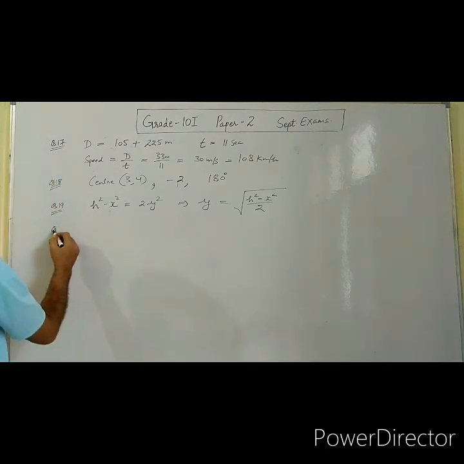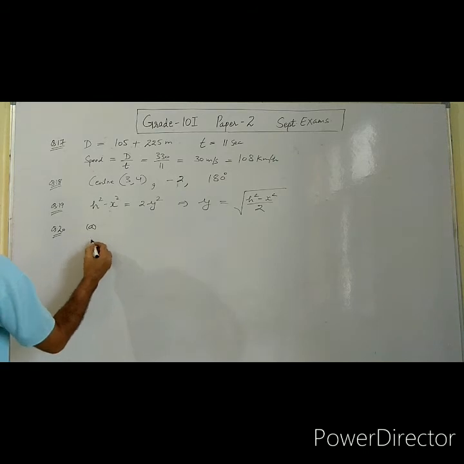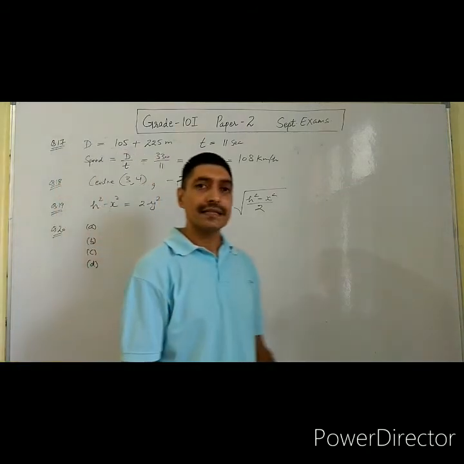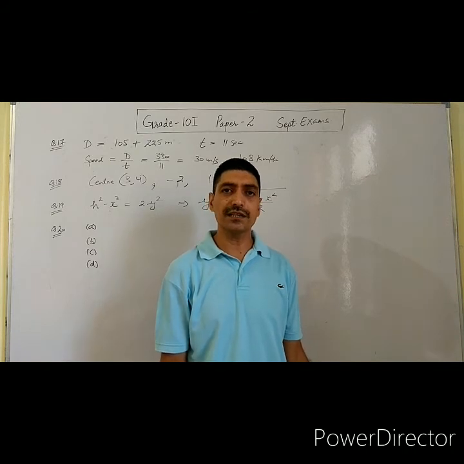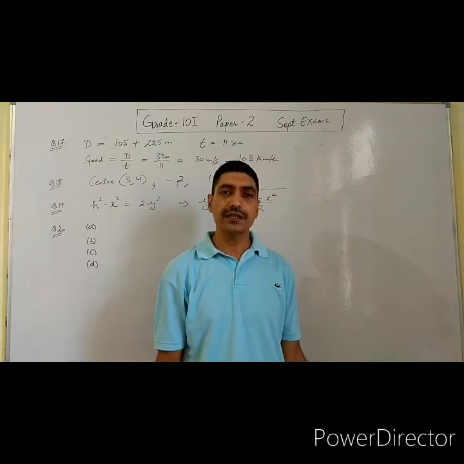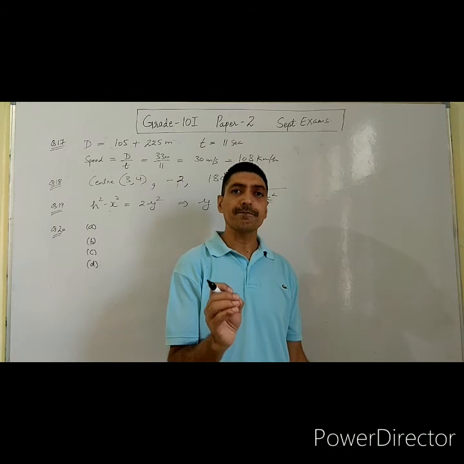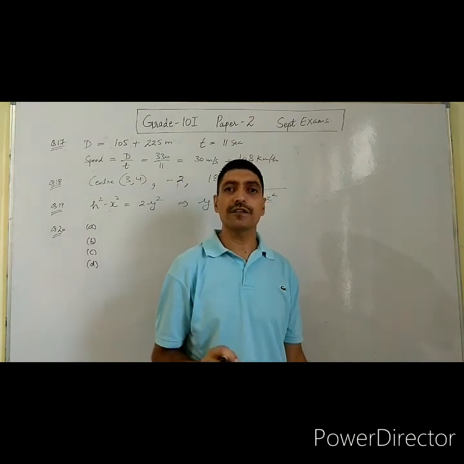So question number 20. In question number 20, the question is related to circles, and here we are asked with 4 parts: angle A, angle C, and angle D. So here the concept is that the angle subtended at the center of the circle is always twice the angle subtended at the corresponding arc of the circle.